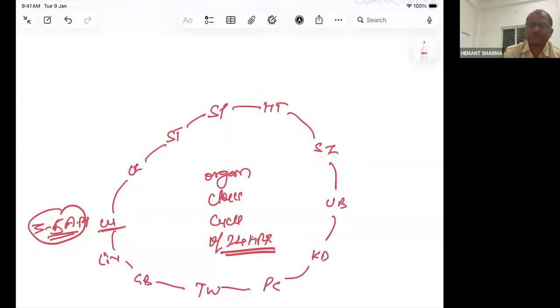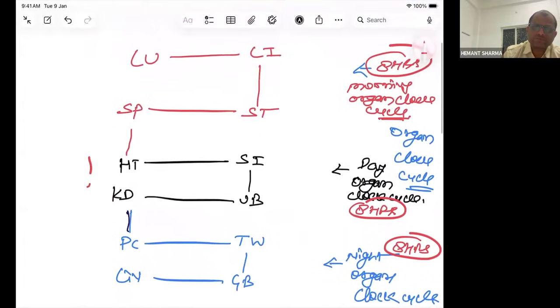Now I will expect from you, please make this diagram, make this circle and fill the timings and post in the group. For this, you are getting 2 minutes. You have to make two diagrams. One diagram is this and one diagram is this.